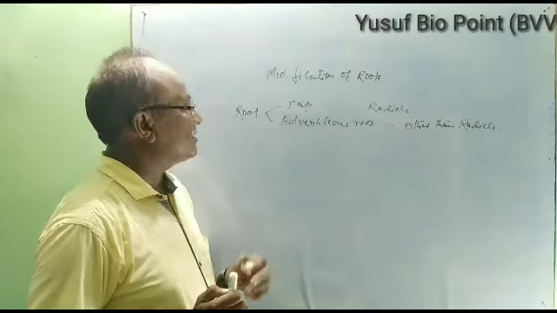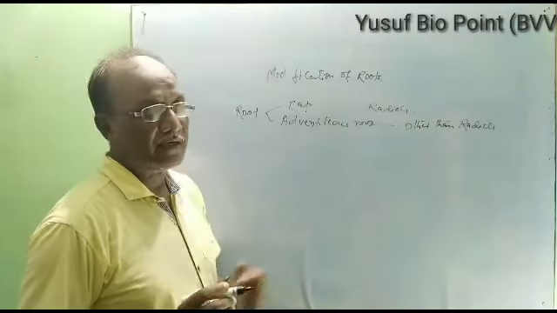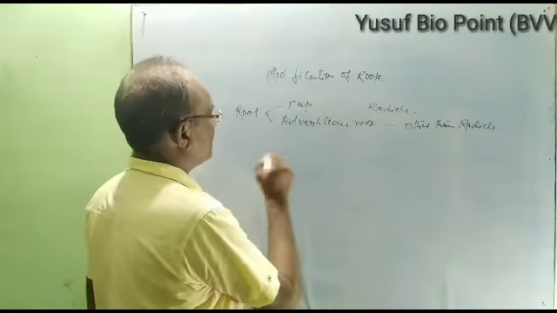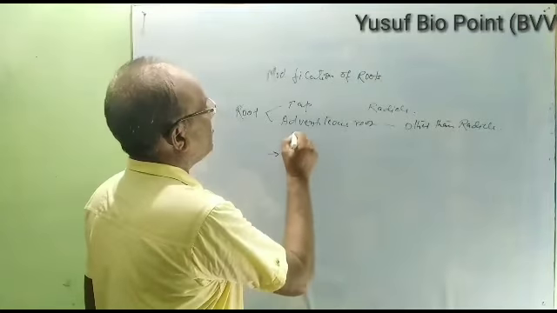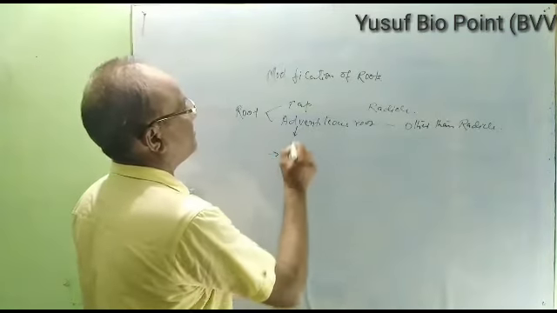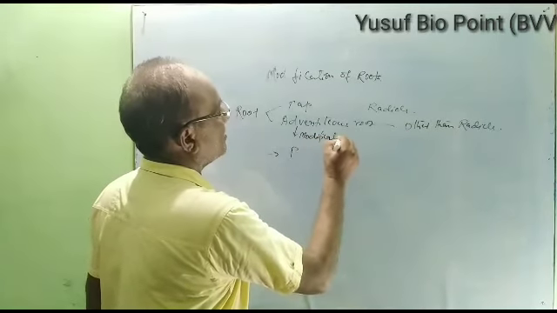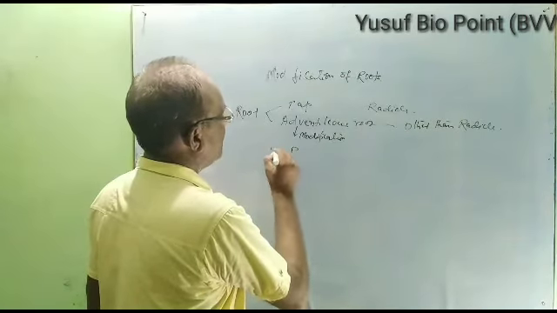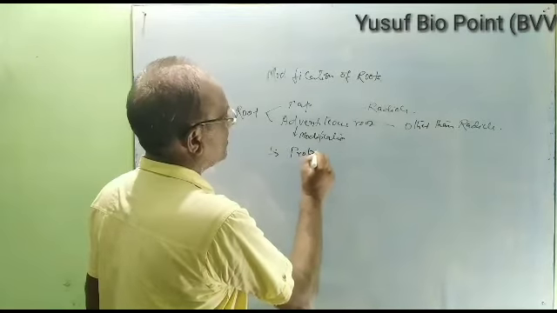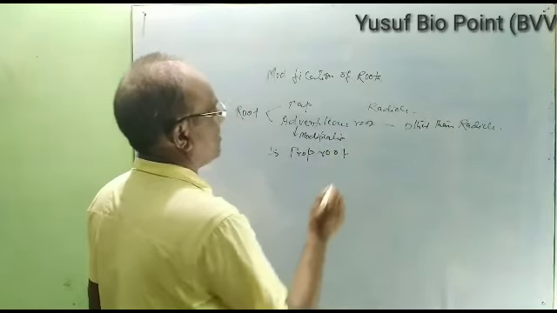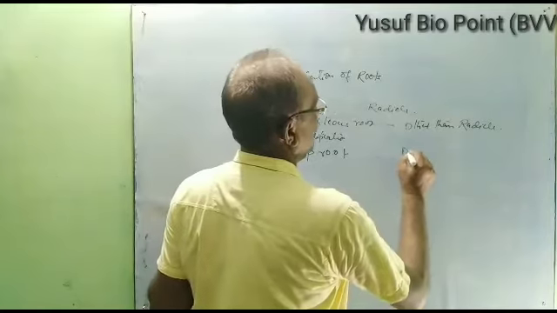Now we see the modification of adventitious root. First one is the prop root. It is found in the banyan.